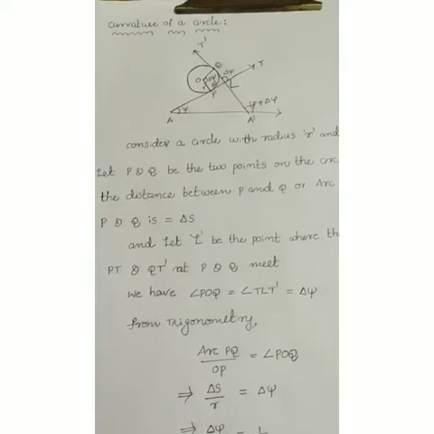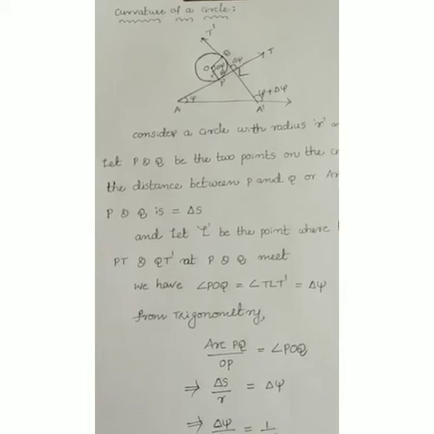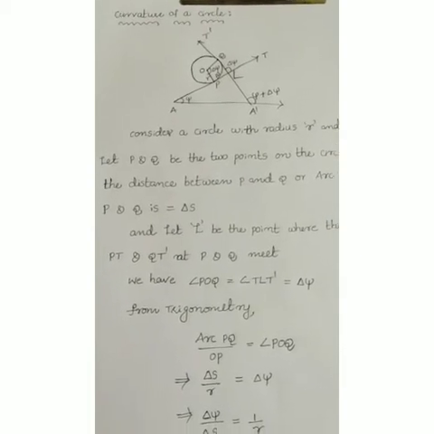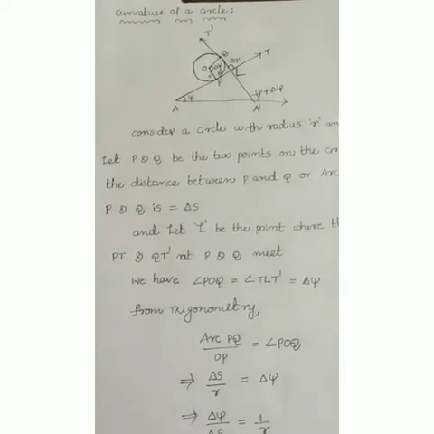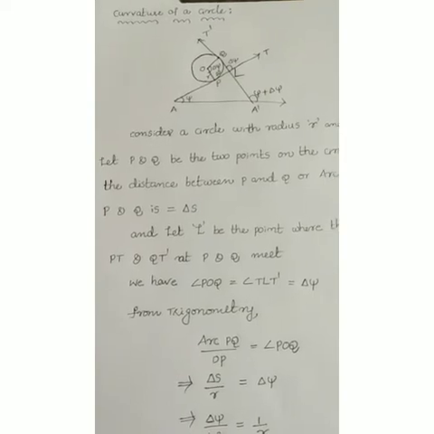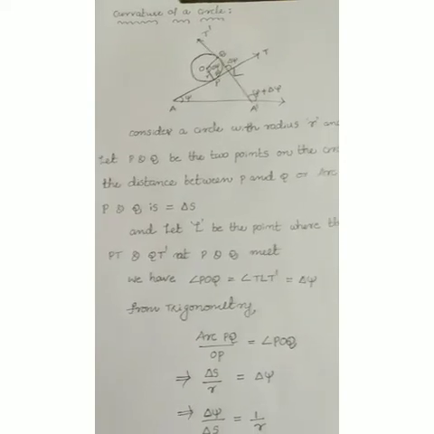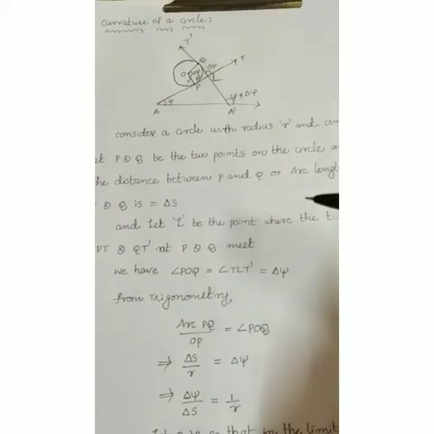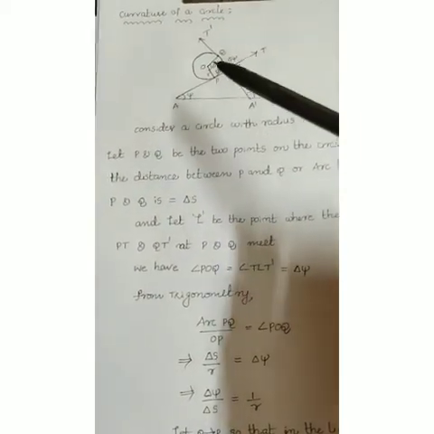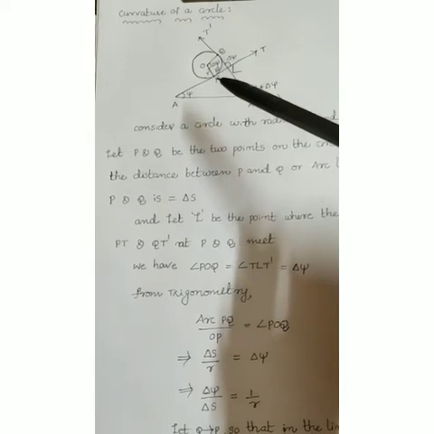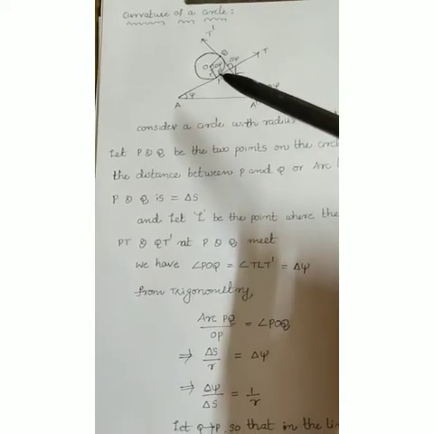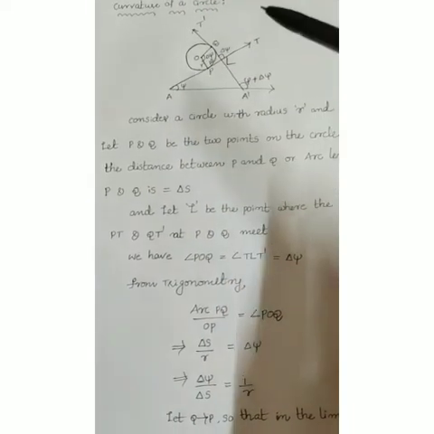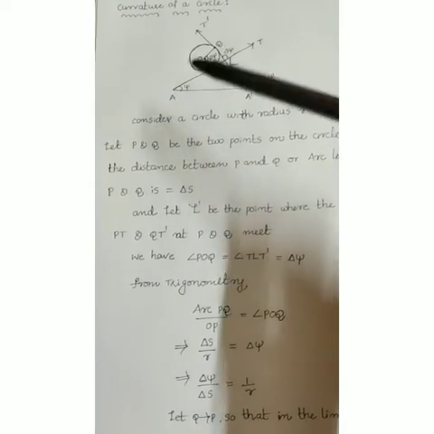Next, let us take the curvature of a circle. Let us consider a circle with radius r and center O. Let P be any point on the circle and Q be any other point on the circle.